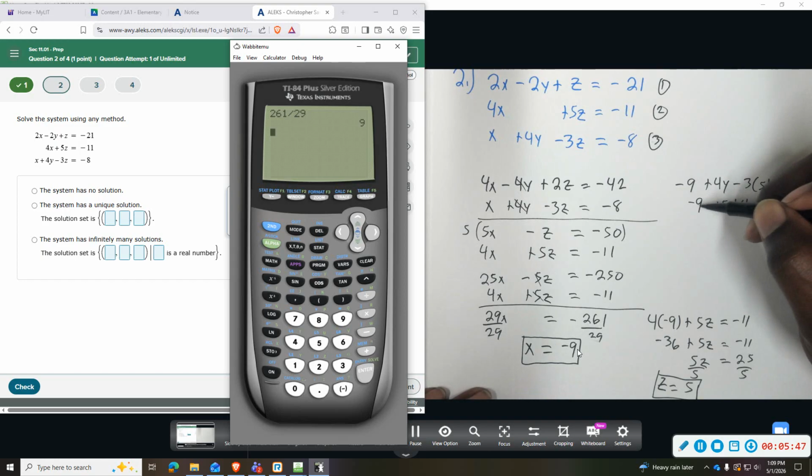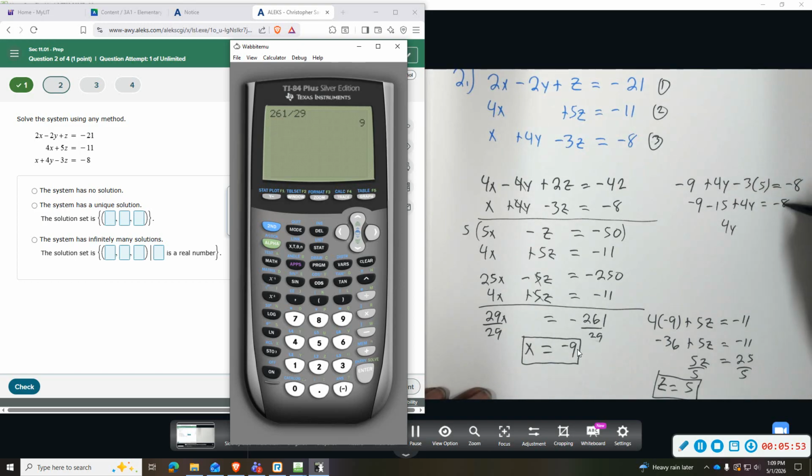This will give us a negative 24. We're going to add that over here. So 4y, we're going to plus 24, so you'll subtract 8 from 24. That will give us 16. Divide by 4, and we get y equals 4. Okay. So here are our answers.